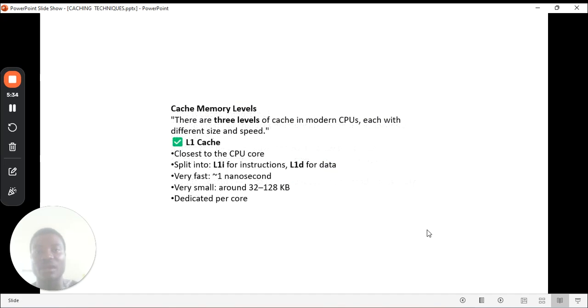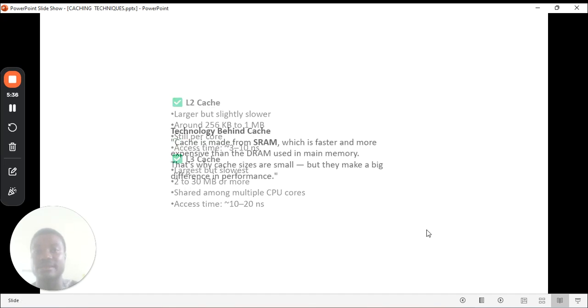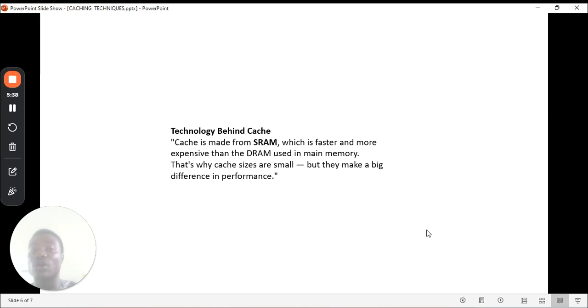Looking at the technology behind cache, cache is made from static random access memory, which is faster and more expensive than DRAM. And we know DRAM is dynamic random access memory, used in main memory.